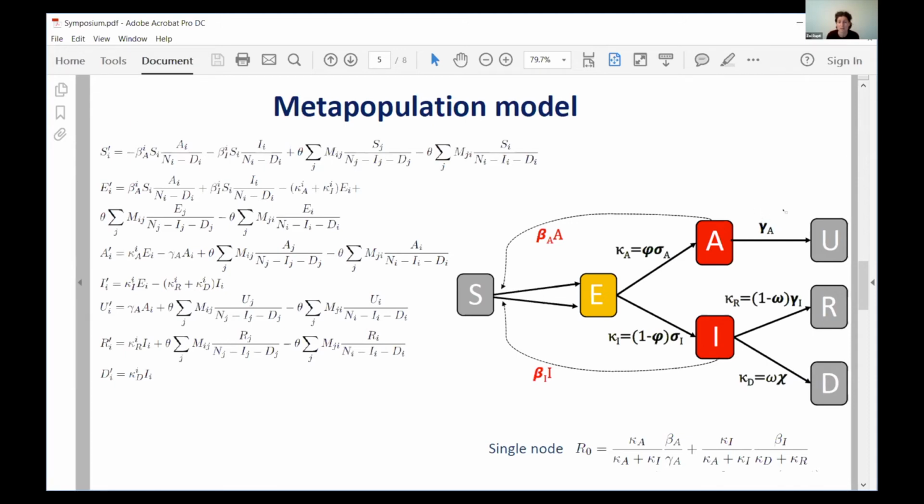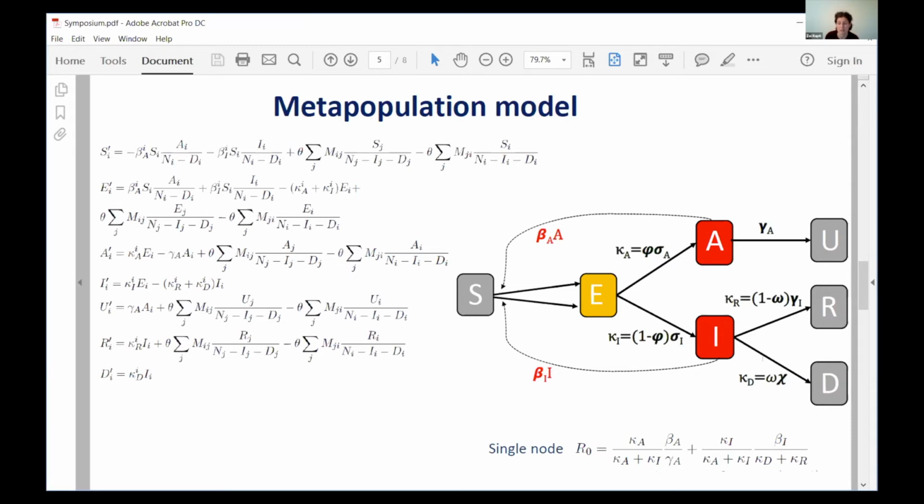Gamma_alpha is the inverse of the recovery period for the asymptomatically infectious, gamma_I for the symptomatically infectious. Chi is the inverse of the average time to death, and omega is the fraction of those who are recorded as infectious.